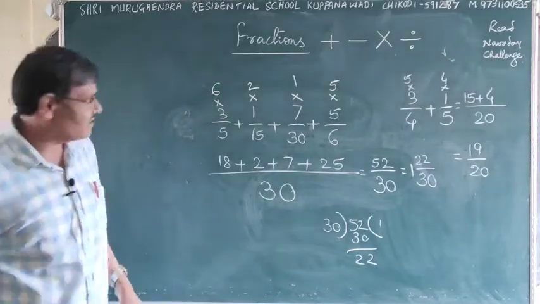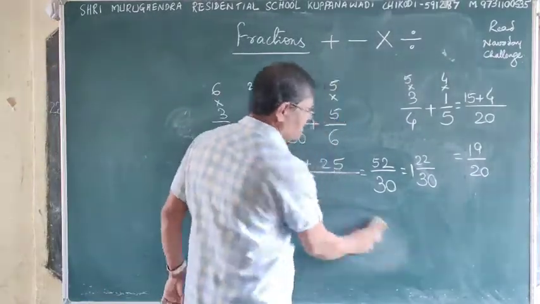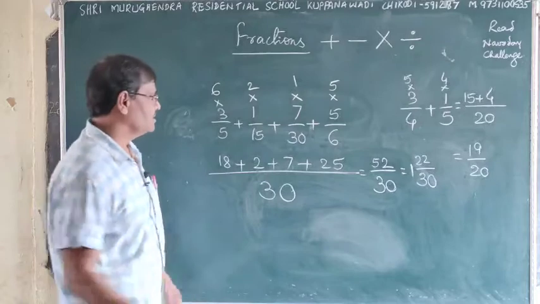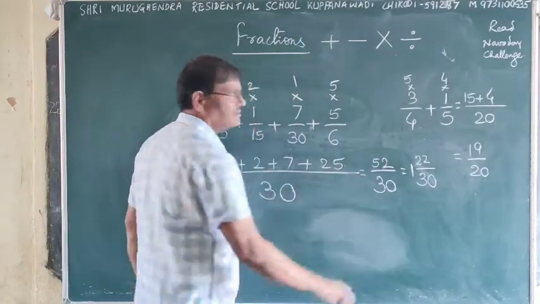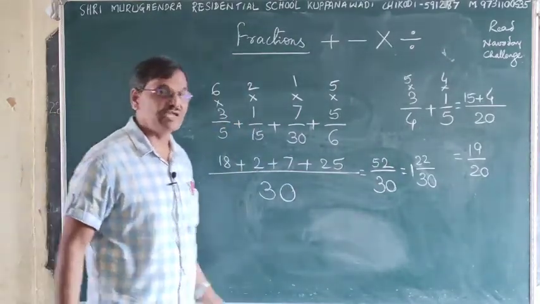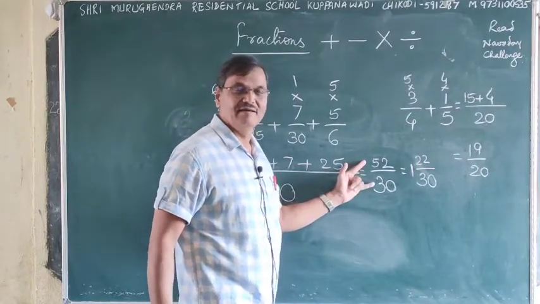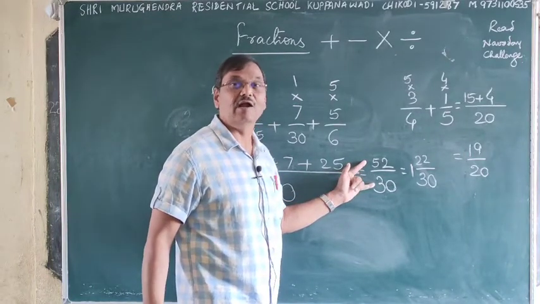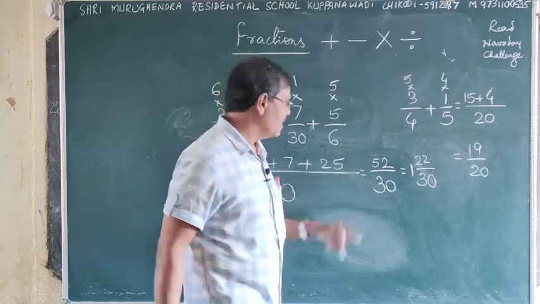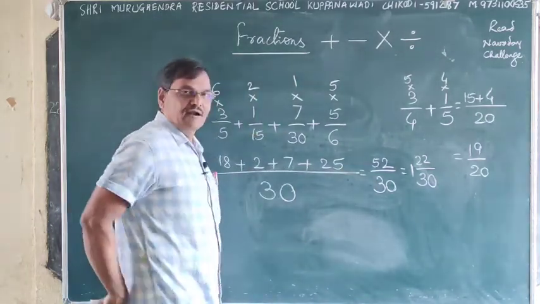Some will leave it here, and some reduce it by dividing with the same number. How do we reduce?